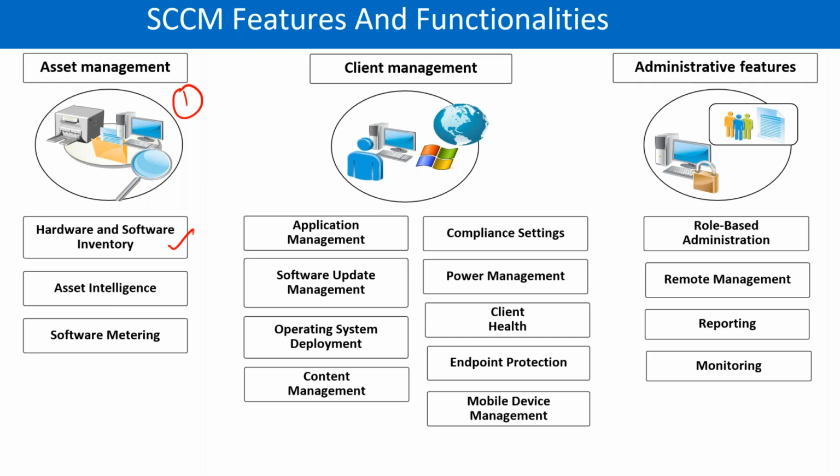That comes under software and hardware inventory. Asset intelligence is for synchronization of product and doing the categorization. So it will categorize the software, plus it will also manage license. Software metering is to calculate the utilization of any product.